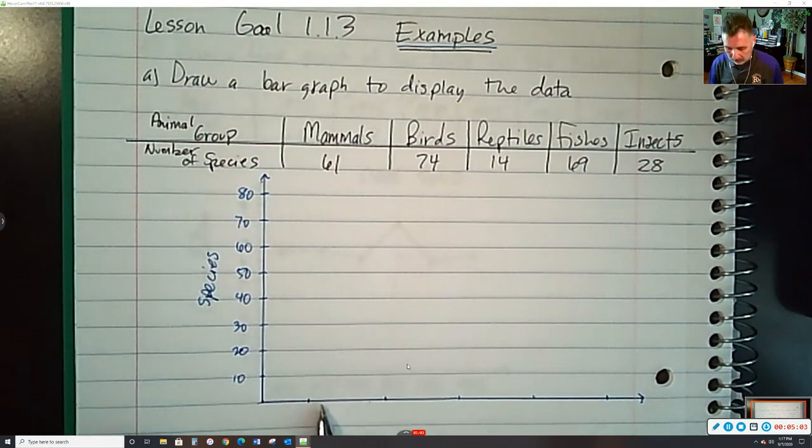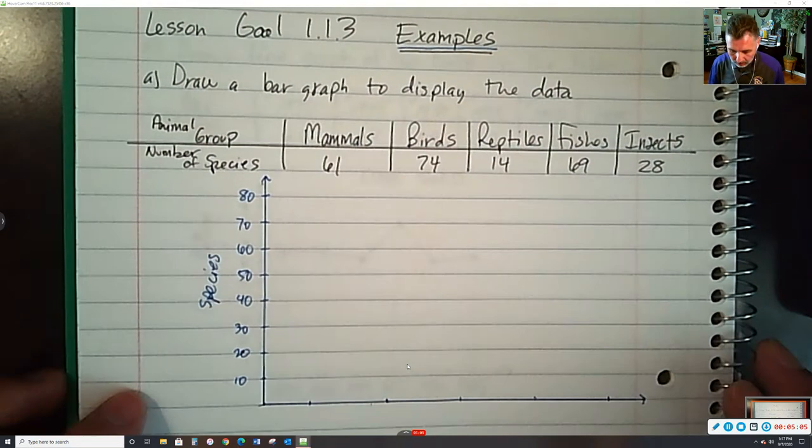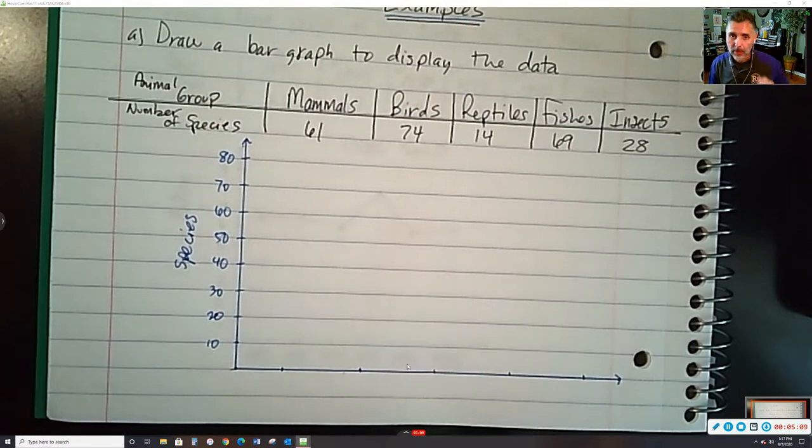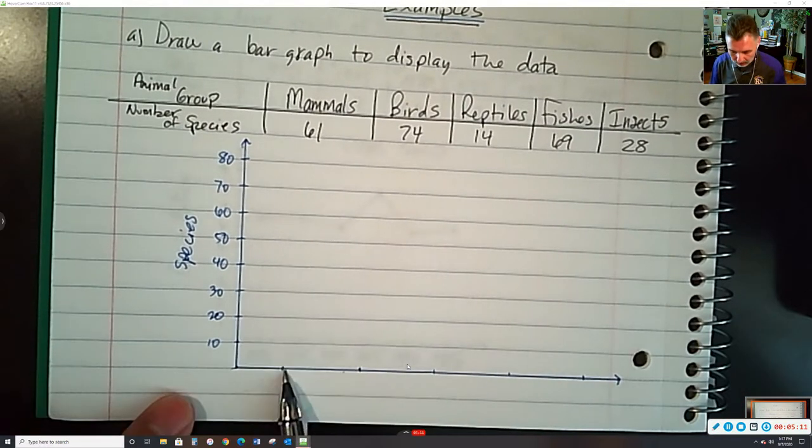So I kind of put five even marks here, and then across the bottom I'm going to turn my paper sideways a little because I'm going to write mammals kind of going off in an angle this way, birds going off in an angle, reptiles.